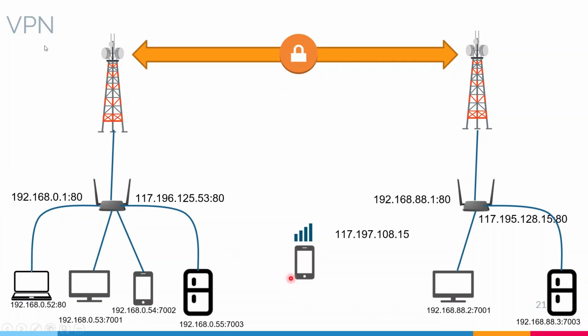I can use a VPN client and connect to my home network. Then the VPN gateway will assign me a private IP address, and again, I am also part of this network. So now I can easily connect to any of the machines as required. This is also known as client to site VPN.